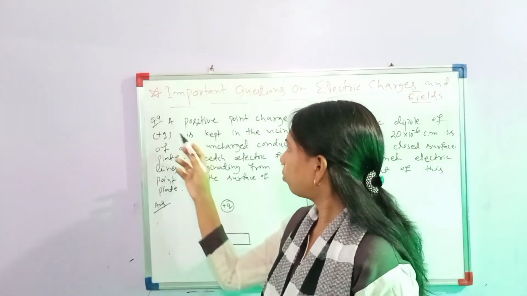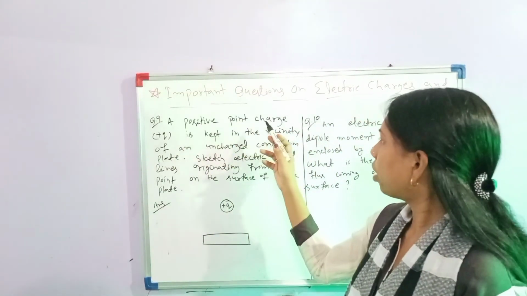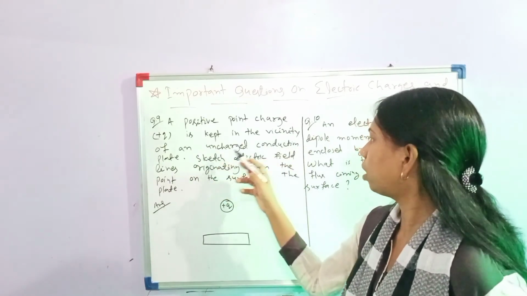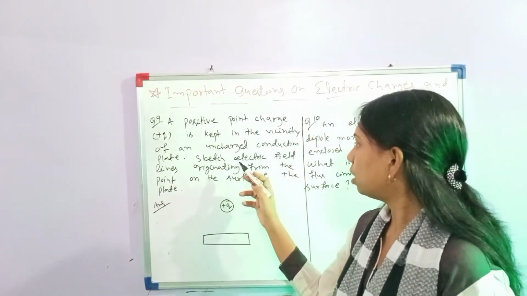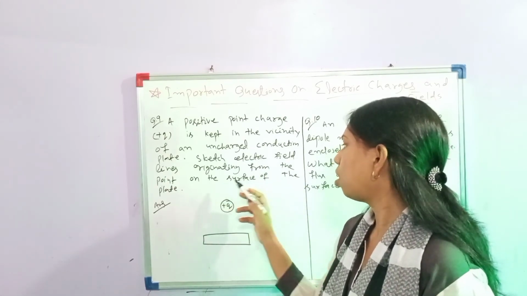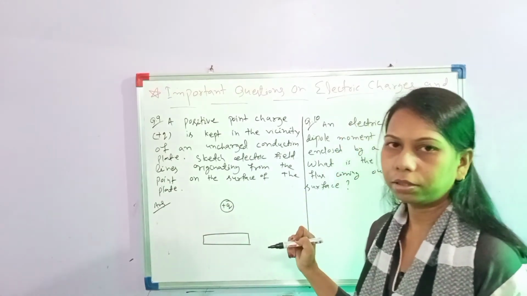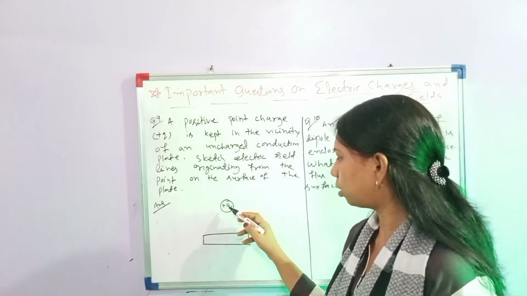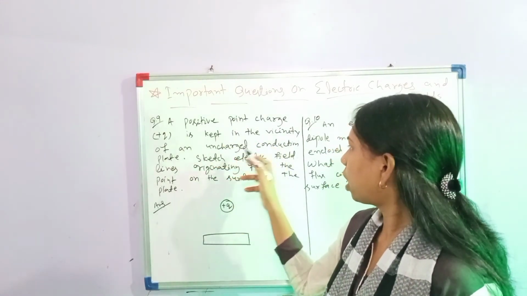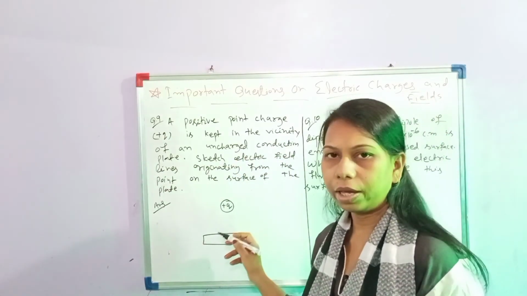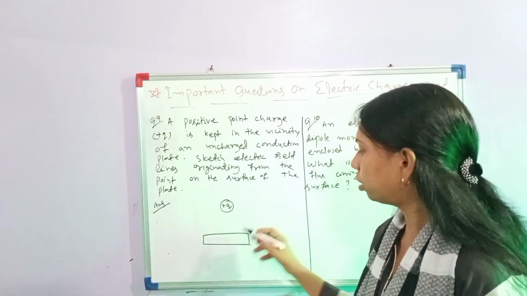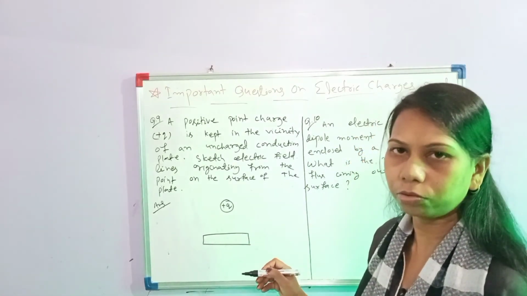Next, question number 9. A positive point charge plus Q is kept in the vicinity of an uncharged conducting plate. Sketch electric field lines originating from the point on the surface of the plate. Suppose this is the positive charge Q, this is the uncharged conducting plate. When charge is placed near the uncharged plate, then what will happen? Induction will be there.